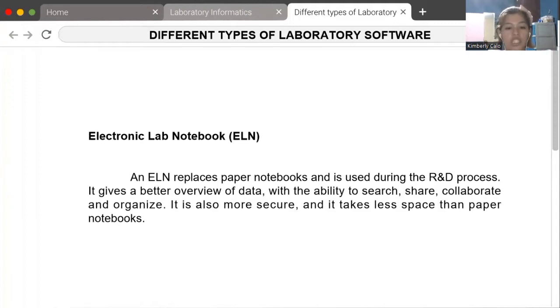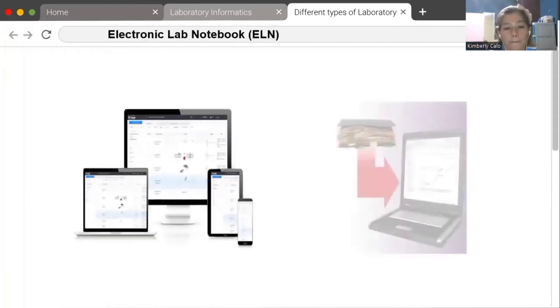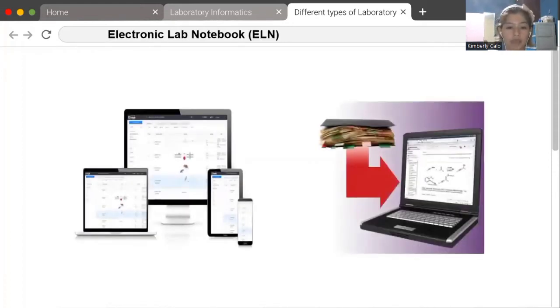And most ELNs can be used on tablets and therefore can also be brought to laboratories. So this image is an example of ELN, from paper lab notebooks to electronic lab notebooks.